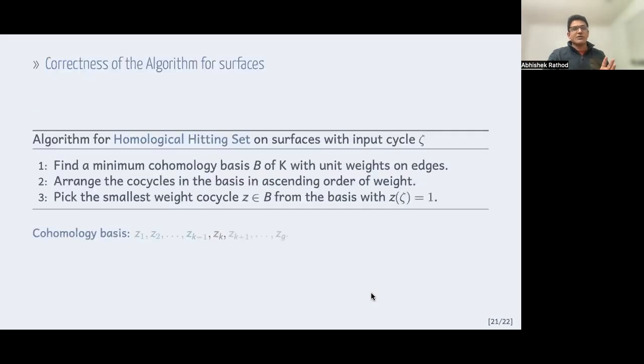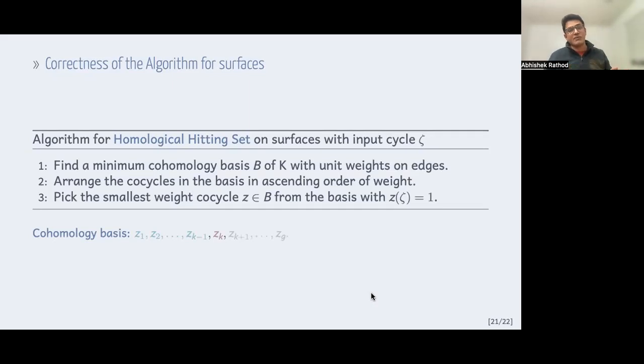Now for the correctness of this algorithm, we use lemmas 1 and 2. If Z1 to Z(K-1) all evaluate to 0, and ZK is the first one that evaluates to 1, then any linear combination of Z1 to Z(K-1) also evaluates to 0 and is not an optimal hitting set.